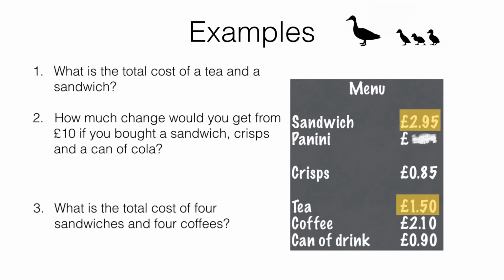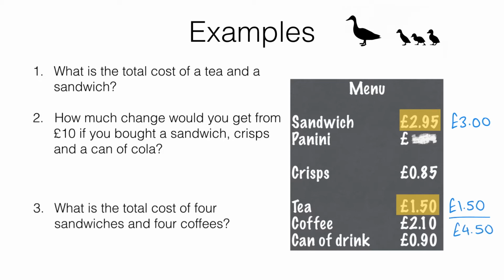Now, I could add those together using column addition, but I'm going to do this in my head. £2.95 here is just 5 pence less than £3. Now, I can work out £3 plus £1.50 quite easily. Adding those two, in my head, I get £4.50.